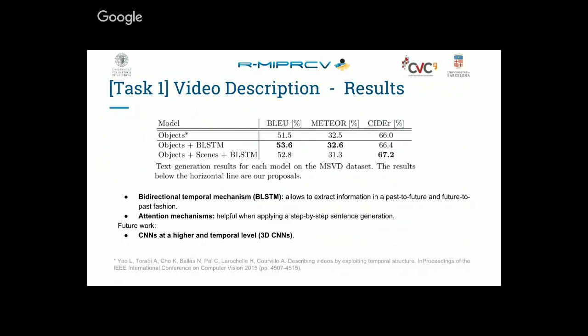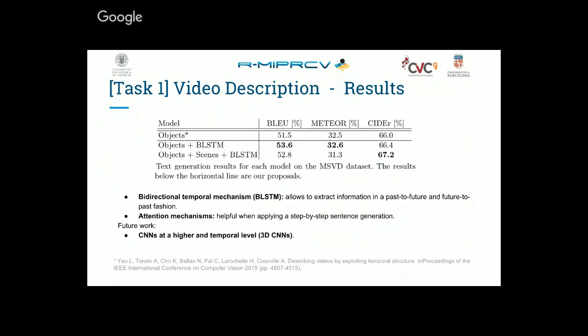In this table, you can see the first row, which represents the state of the art in this data set. And they used more or less the same, without the objects, so from a CNN trained on object classification.